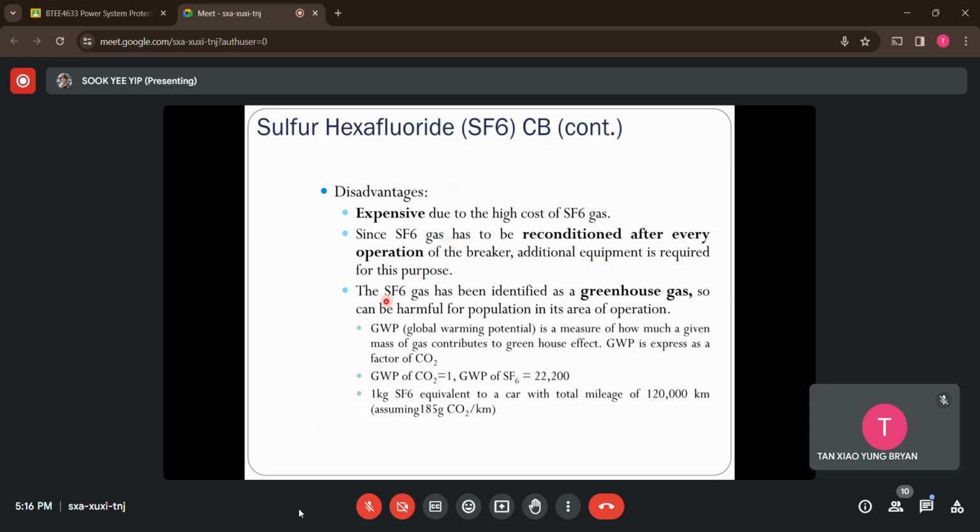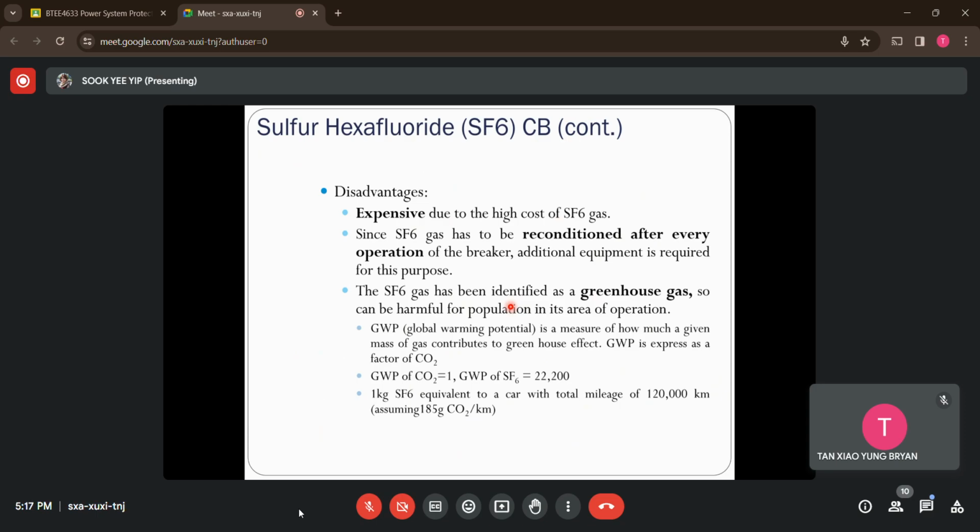And this SF6 gas itself is actually identified as a greenhouse gas. So let's say there is a breakage in the structure, which means that the SF6 gas might leak or discharge to the environment. In such a case, it will be harmful for the population. Let's say it is leaked to the atmosphere.